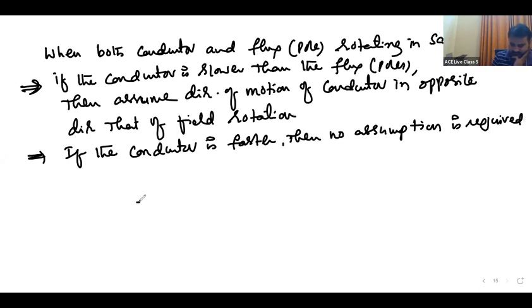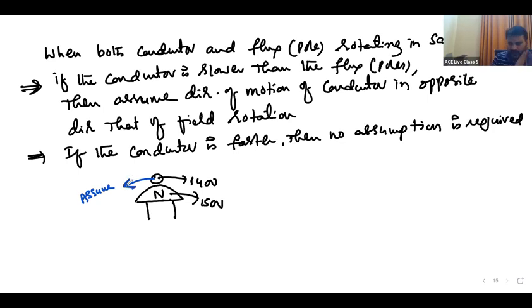Therefore, I am coming back to the question. See, this is the North Pole and the conductor. It is 1500 RPM, and the conductor is 1400 RPM. We know the flux direction already, but you need to assume the conductor's direction. Assume counterclockwise. Actually, it is clockwise, but you need to assume counterclockwise.